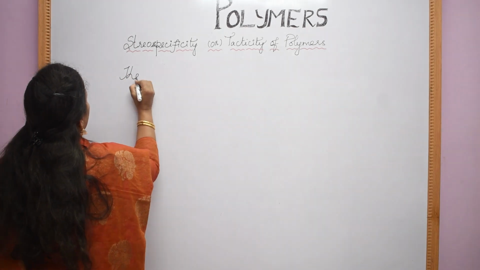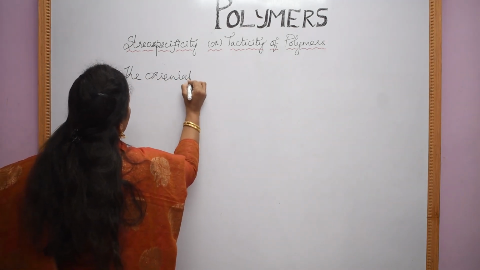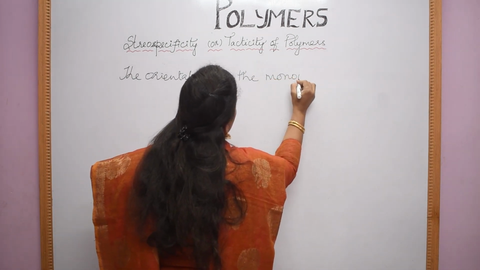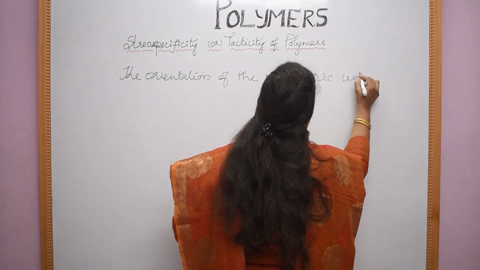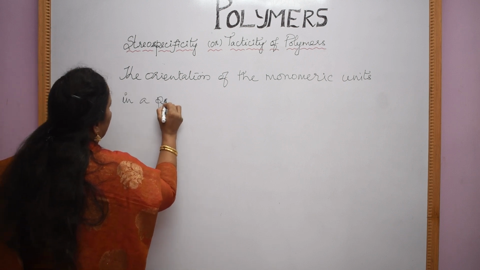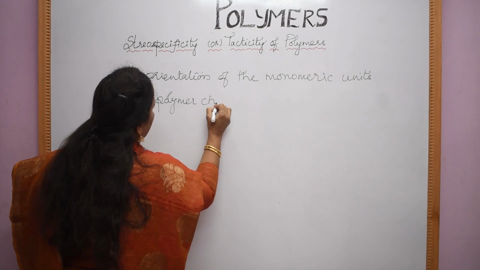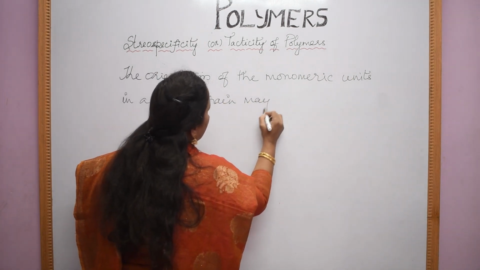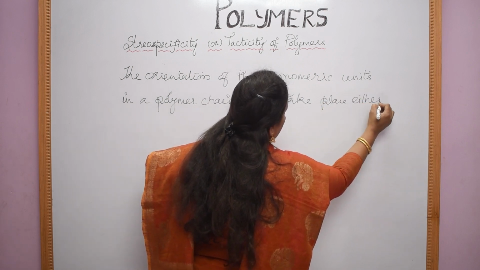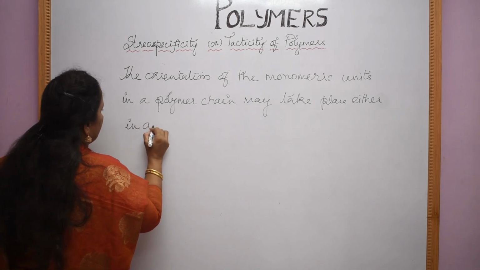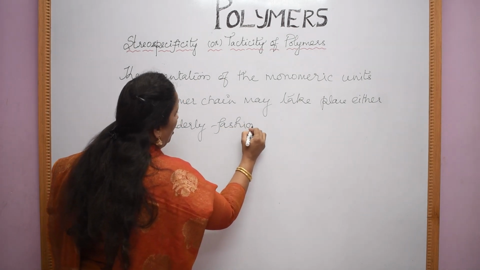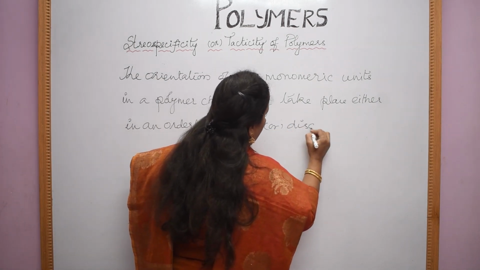The orientation of the monomeric units in a polymer chain may take place either in an orderly fashion or disorderly fashion.